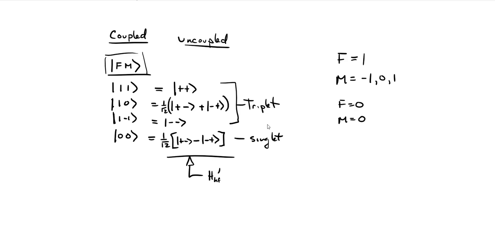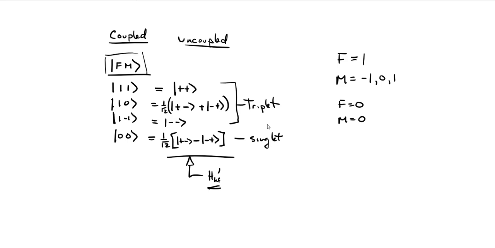But if we go back to the start of the problem, looking at this hyperfine interaction, and had we acknowledged, okay, we have a conserved total angular momentum, we're going to want to use a basis that matches that, where our quantum numbers are also going to be conserved because they're associated with that conserved property.